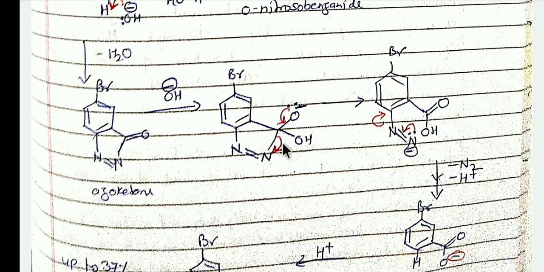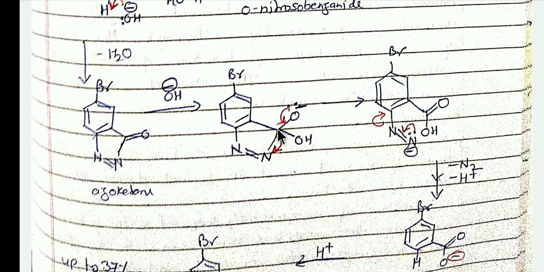The bonding electrons are displaced to this nitrogen atom, so N becomes negative, and the lone pair of electrons on this oxygen atom forms the double bond with this carbon atom, which becomes positively charged by displacement of the electrons.